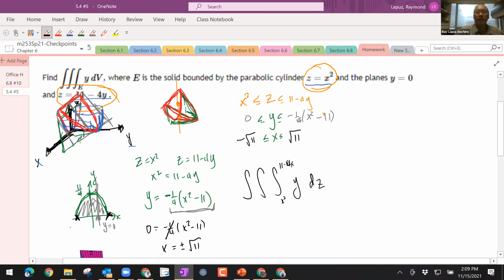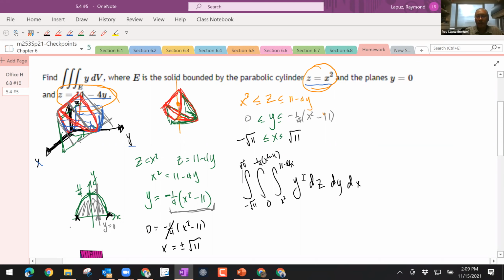And then we're going to go with respect to y, and that's going to go from 0 to negative 1/4 x squared minus 11. And then finally, x is going to go from negative square root of 11 to positive square root of 11.